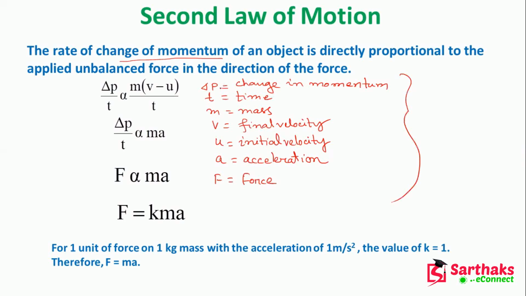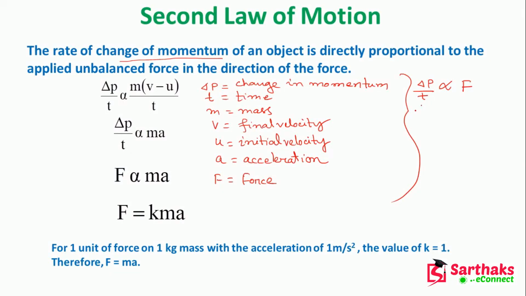Here, the rate of change of momentum is delta P by T. So with respect to time, how much is the change in momentum? This is delta P by T. This delta P by T, the rate of change of momentum, is proportional to force.